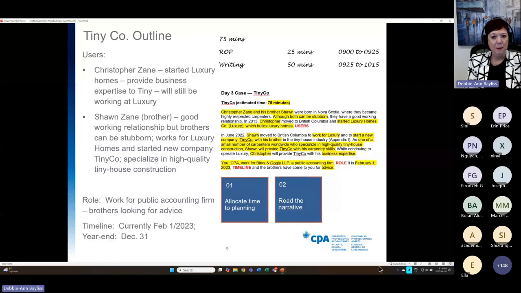I am going to type it. I've only highlighted it so you can see where I found the information. I'm not going to write anything in the actual case because I want to be able to write the response based on my outline. So as I said, the first 2 paragraphs talk about the users.